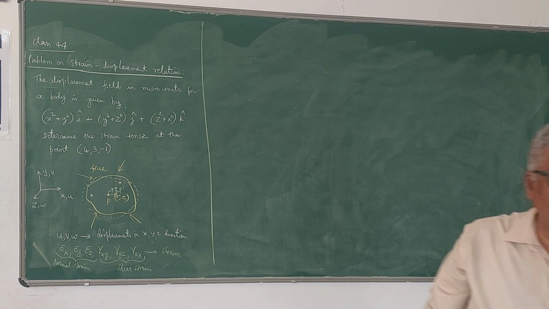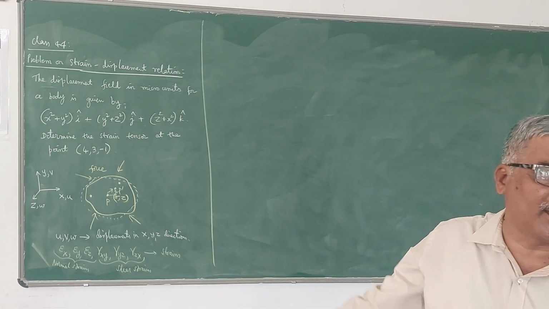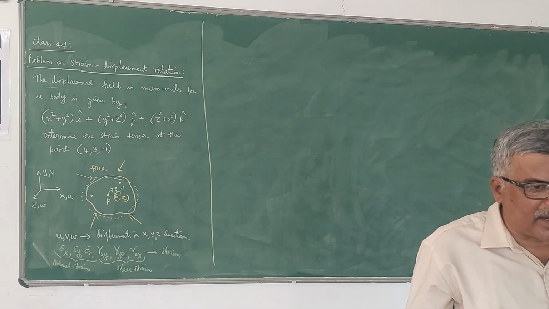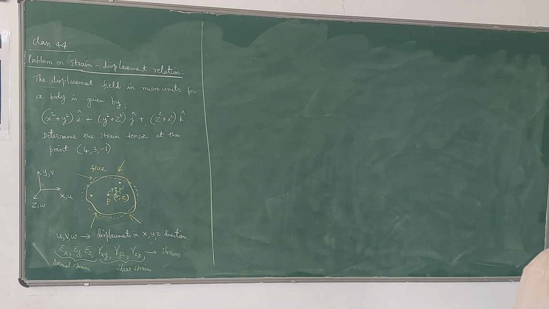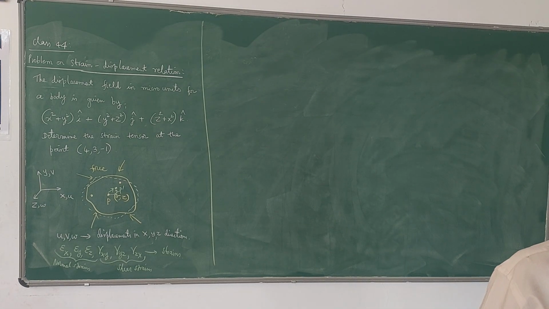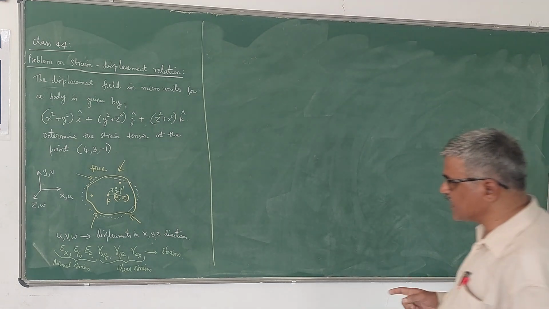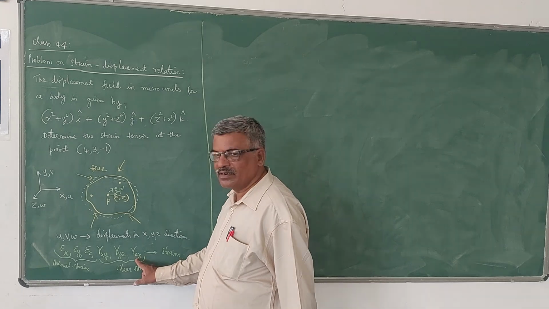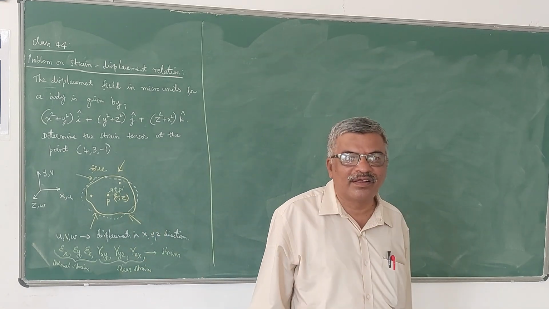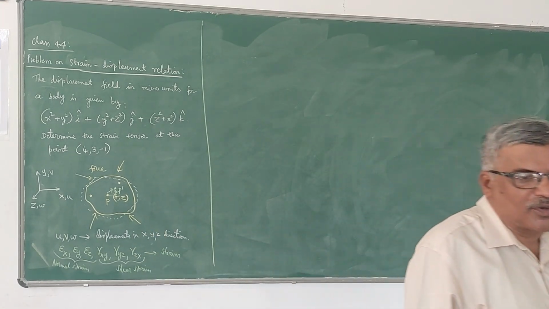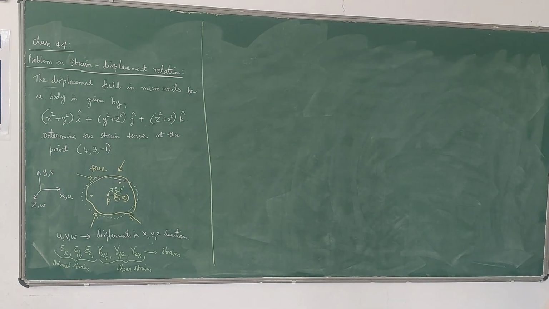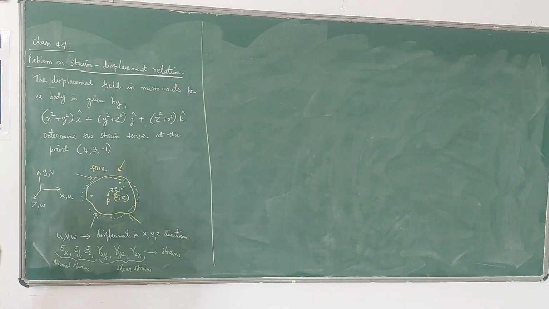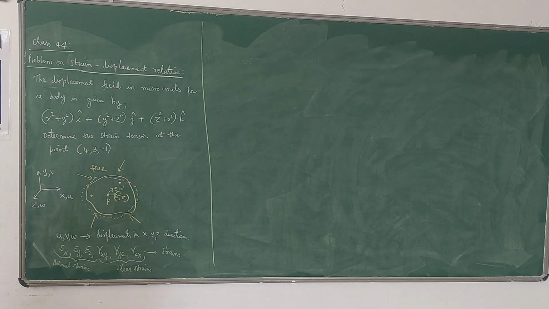In strains we call them epsilon x, epsilon y, epsilon z. In stresses we take tau xy, tau yz, tau zx, shear stresses. In strains we call them shear strains, denoted by gamma xy, gamma yz, gamma zx. So just like 6 stress components, you have 6 strain components also at a particular point.